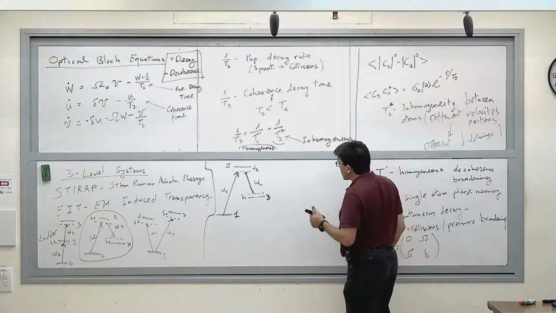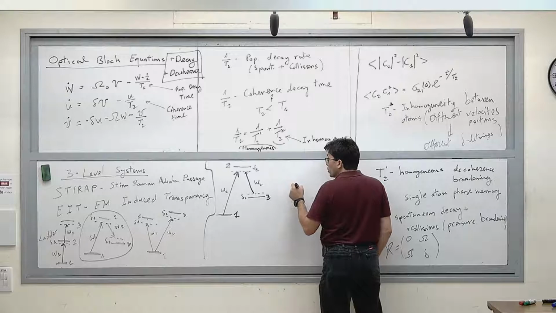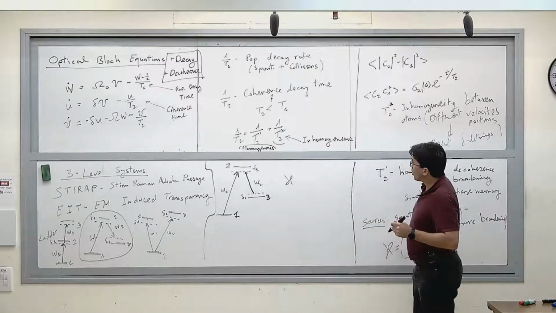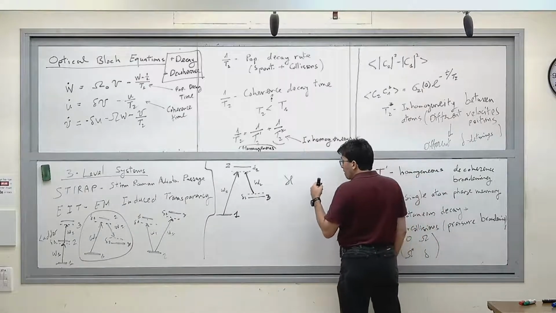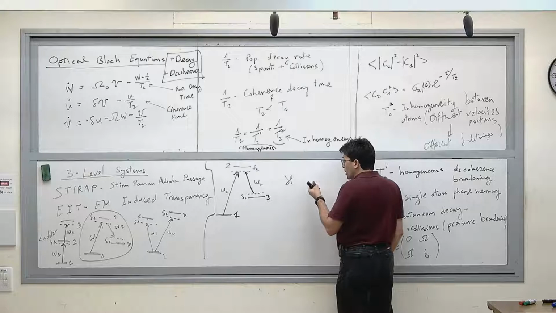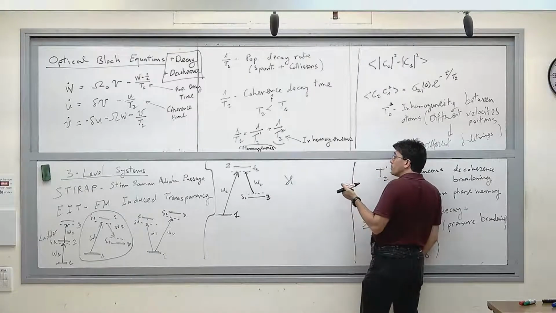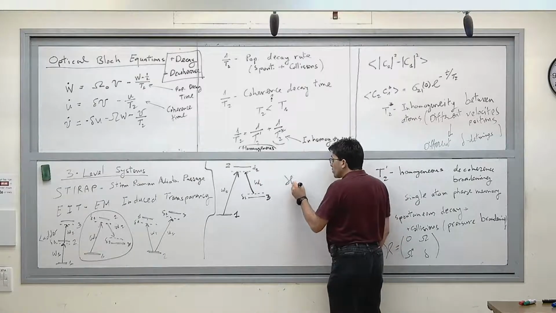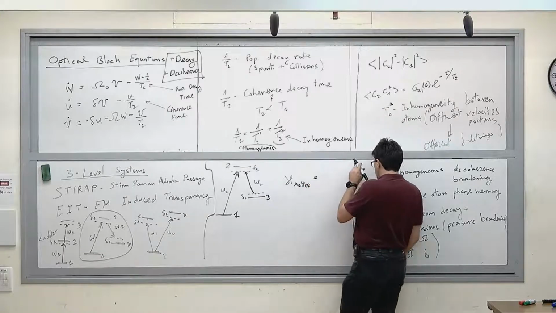And now we can say, okay, so what is the bare Hamiltonian here? Okay, the Hamiltonian of matter. How does it look?